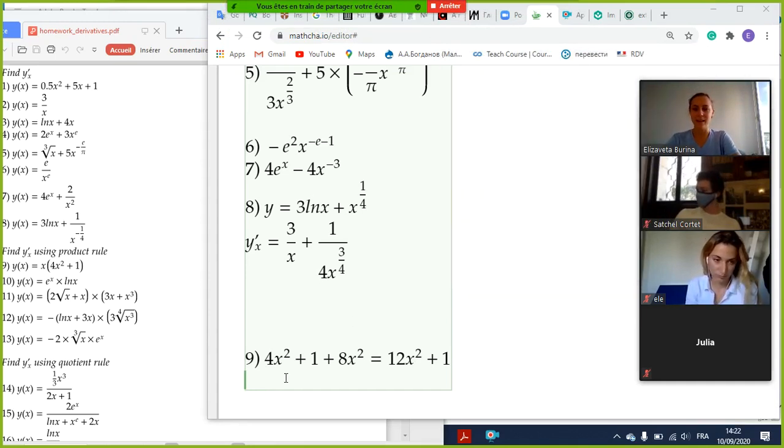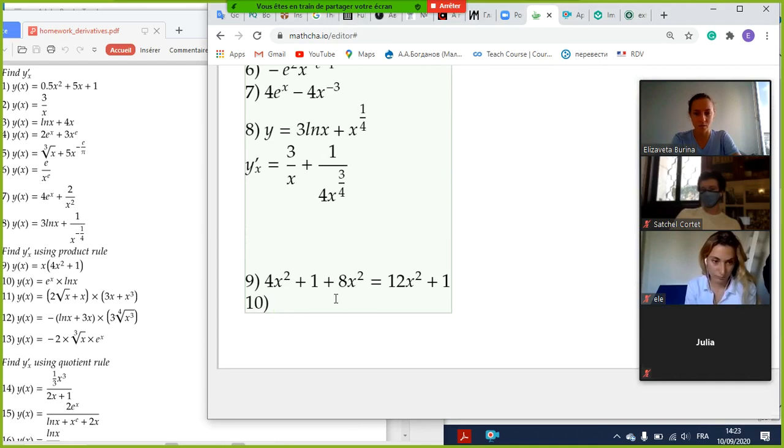Then the number 10. Okay, here it makes perfect sense to use product rule.